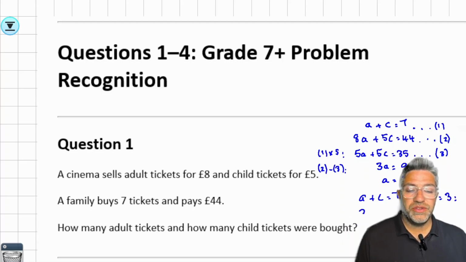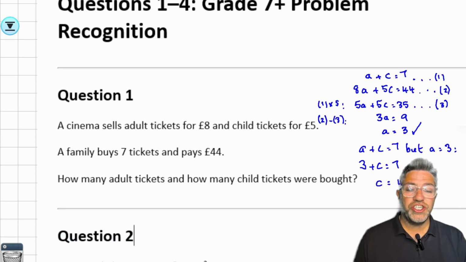So by substituting in, I can write 3 add c equals 7, c equals 4. You might want to check your answer, remember. So if we do 8 times 3, 24, 5 times 4 is 20, 24 add 20 gives us this overall total of £44. So let's look at question 2.